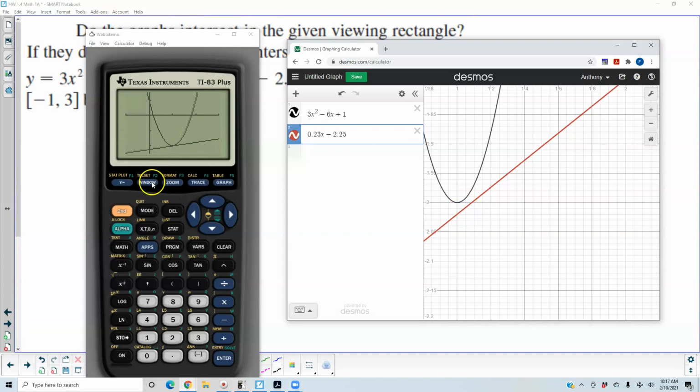And so same thing here, if you want to change this window, it's 0.8 to 2.2, and then the minimum is, sorry, negative 2.2, and the max is negative 1.8.